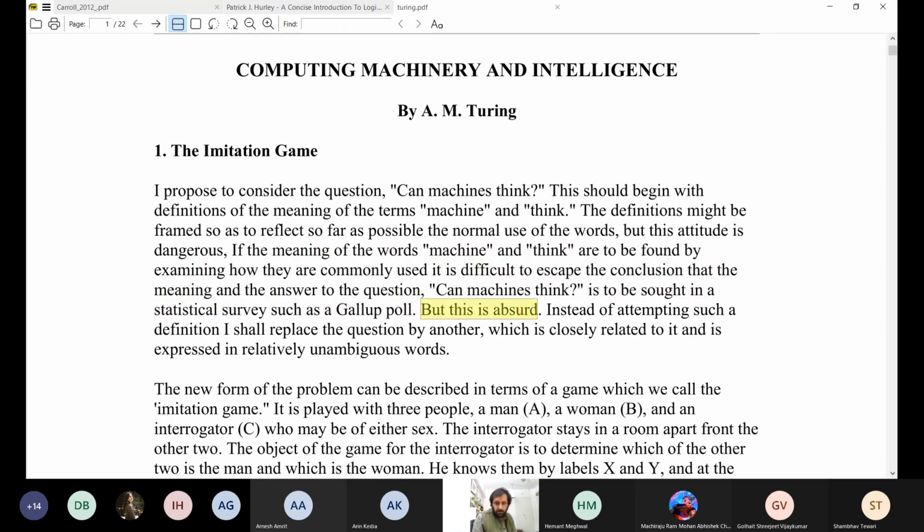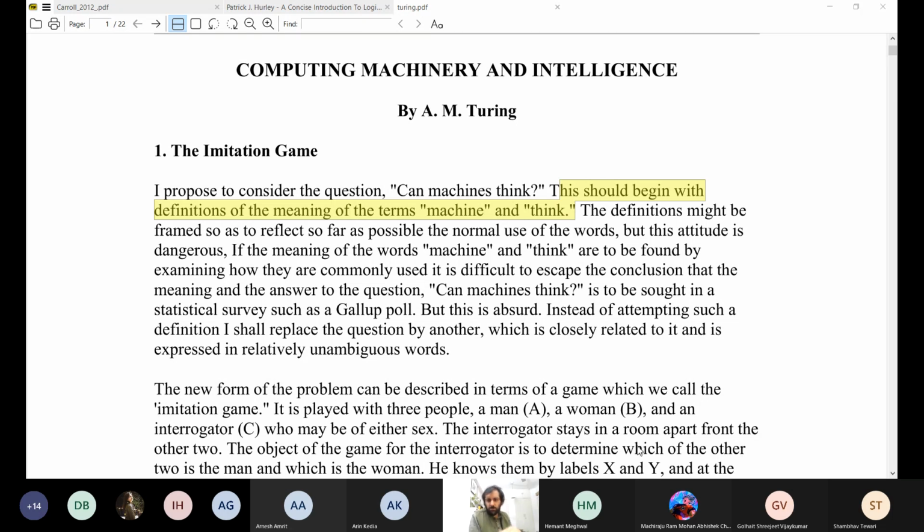So let me ask you this. What would be absurd about, now Turing has asked us the question, can machines think? And he said that this should begin with the definitions of the meaning of the terms machine and think. Now if I said to you, look, that's easy.